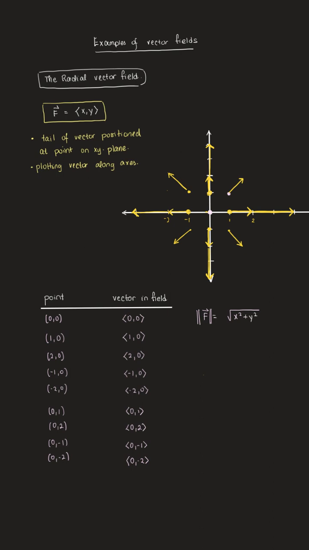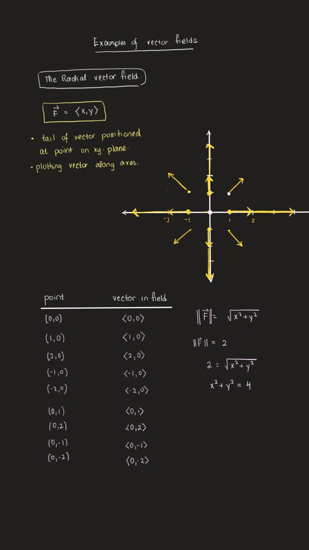Another way to think about what's going on here with the magnitude is to specify a magnitude that you want your vector to be. Let's suppose that I would like my magnitude to be 2. Then if I plug that in, I can get the shape that our vectors will follow that will have a magnitude of 2, right?